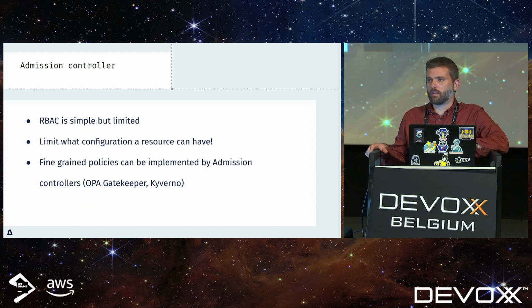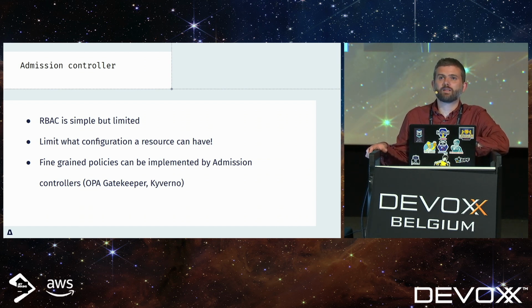Another interesting thing, if we are talking about Kubernetes API security, is admission controlling. Admission controller is a concept in Kubernetes API, a mechanism which enables extending the API server authorization mechanisms.